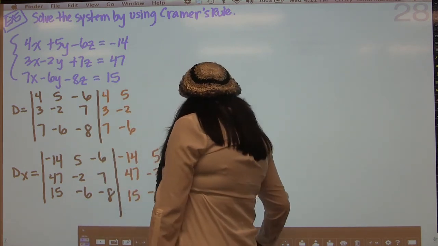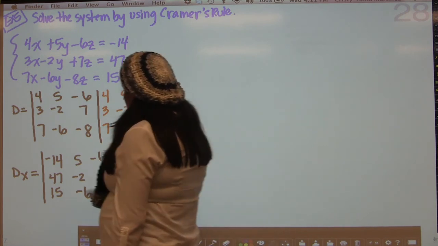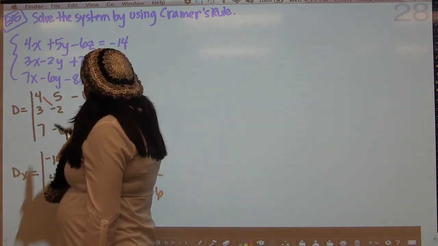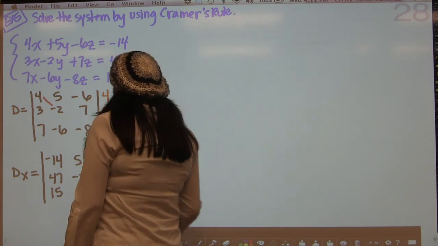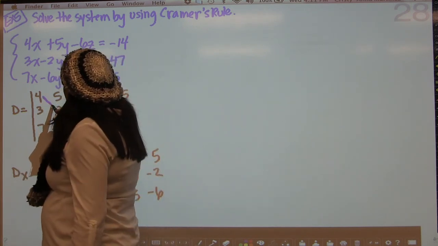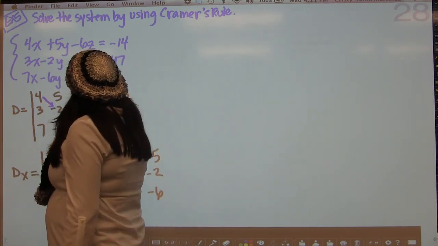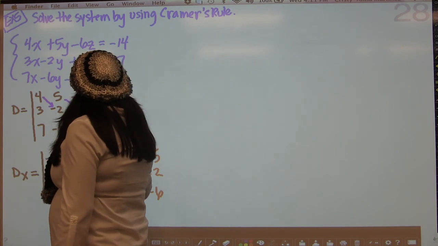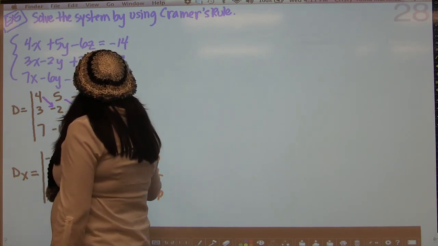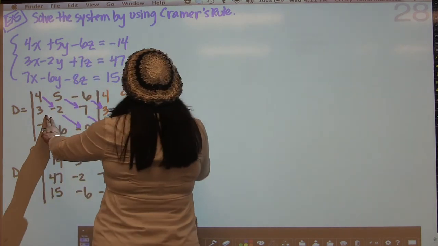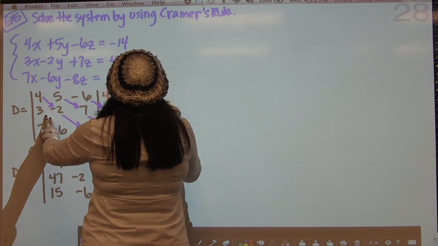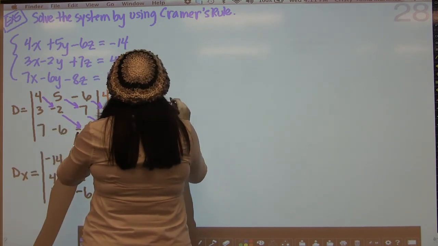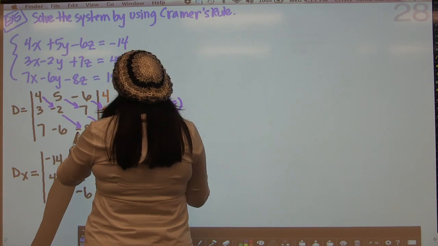Like that. We're going to do our arrows. Wrong color there. So we're going to go 4 times negative 2 times 8.